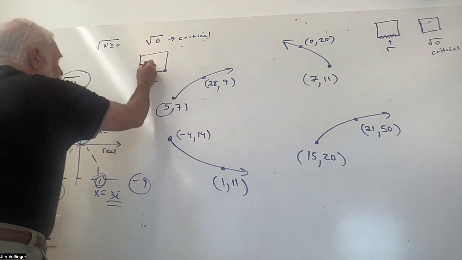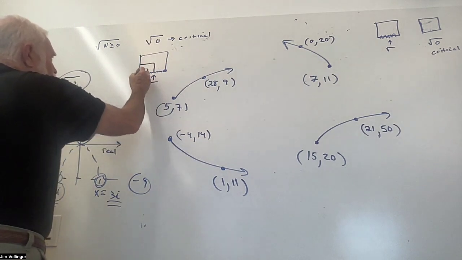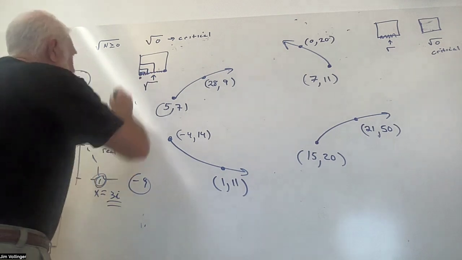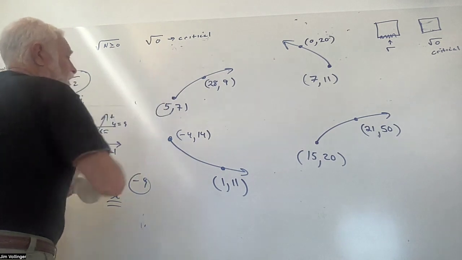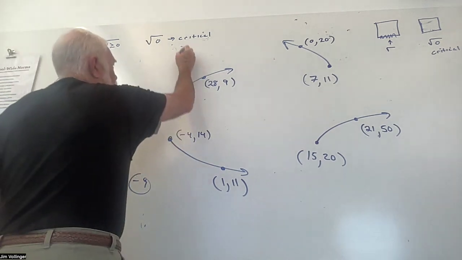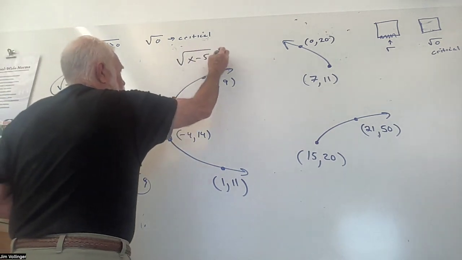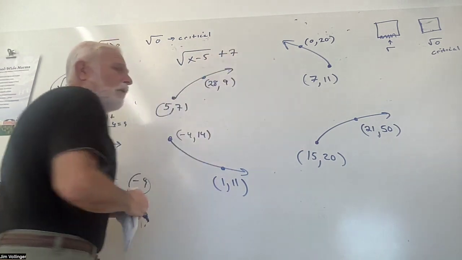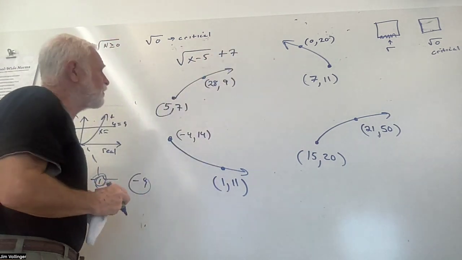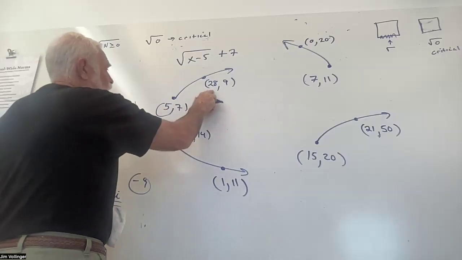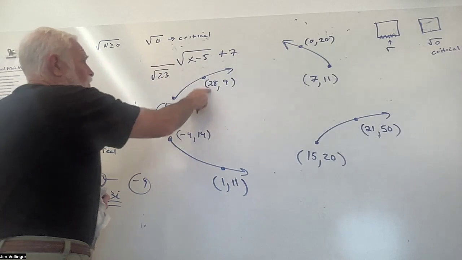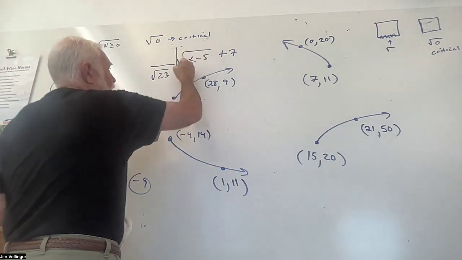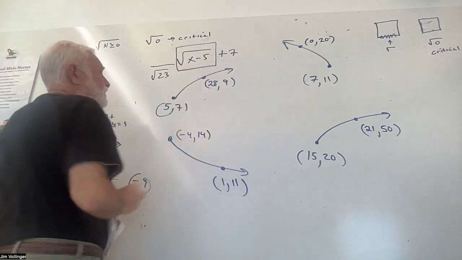All right, so the square root of 0 is critical, right? I can keep making this square root smaller and smaller and smaller until I get 0 times 0, which is 0. So the square root of 0 exists, and that's what I'm going to make out of the number 5. So I'm going to do the square root of x minus 5 plus 7. Maybe you're already seeing the pattern from the previous problem. I'm going to get rid of the square root change, which in this case is 23 units, because when I drop a 28 in, I get the square root of 23.